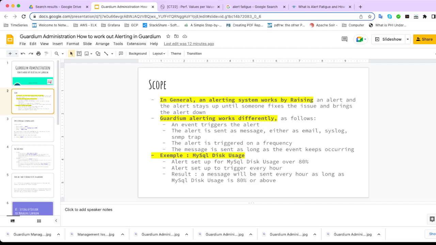Let's say you have set up the alert for when the MySQL disk usage reaches 80%, and you have set it to be triggered every hour. The result is a message will be sent every hour as long as MySQL disk usage on that collector is 80% or above.